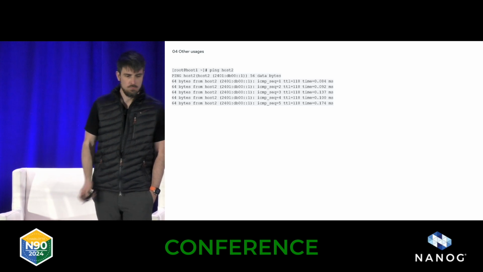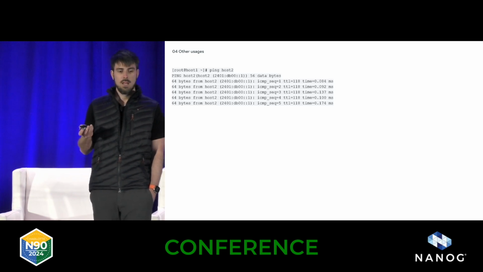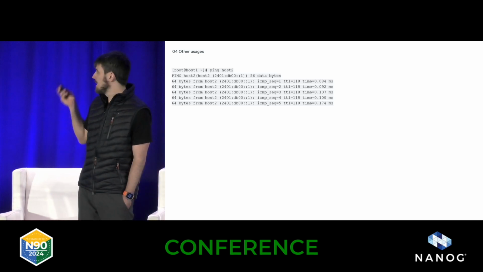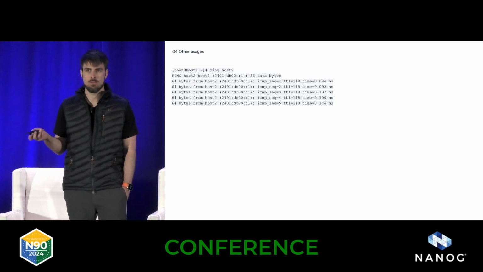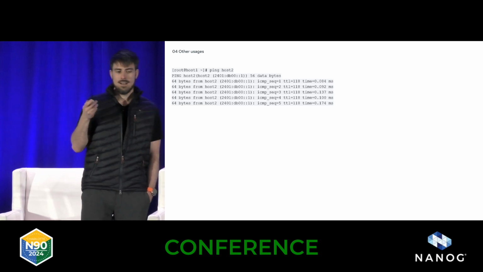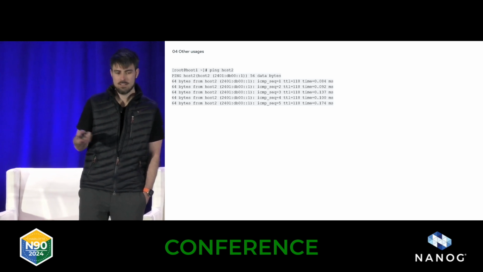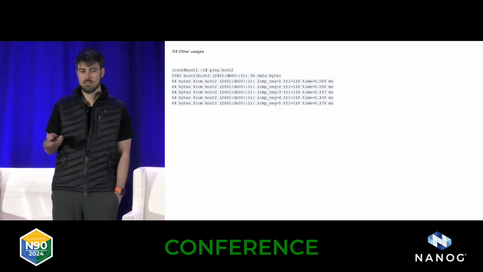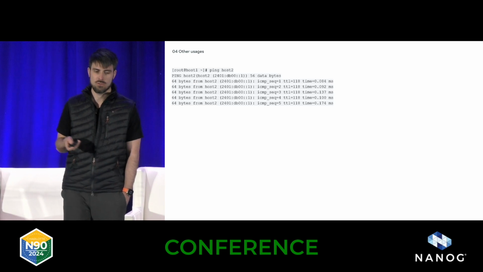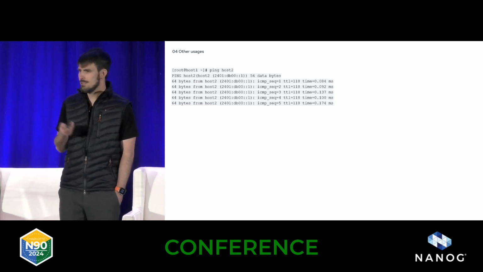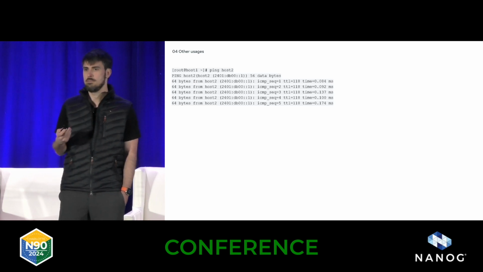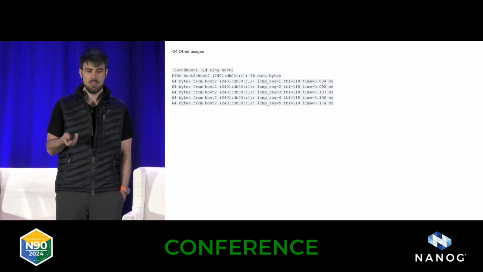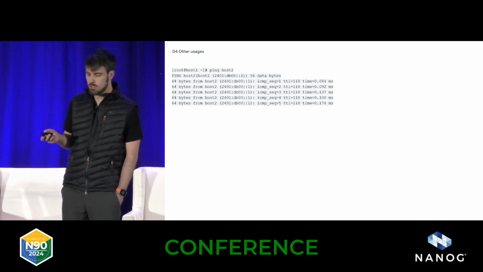So you ping host 2 from host 1, and it usually shows you the latency, and we're all used to this output, but there is something wrong with it, right? The first packet shows 84 microseconds, and the last one shows 174. How is it possible? Why do you have such a big latency difference just pinging between two hosts?